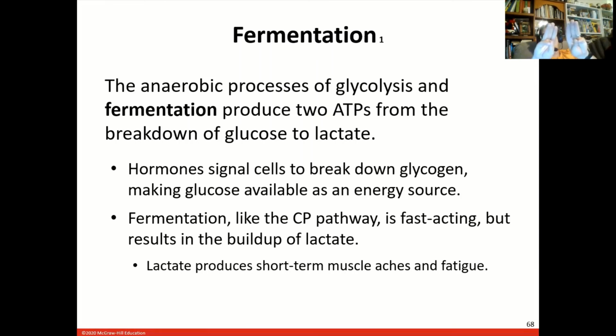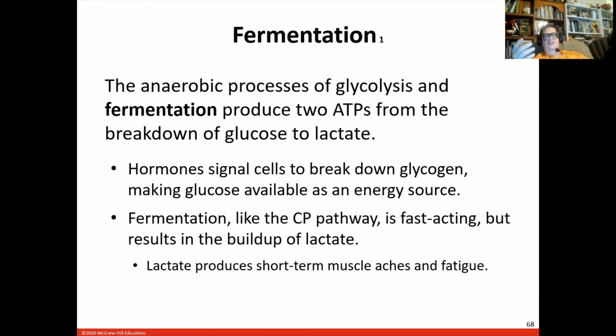If we don't have the oxygen, then we are going to turn the pyruvate into lactate. And the way that we do that is to take the pyruvate and put, when we made NADPH before we made the ATP, we were all happy about doing that.